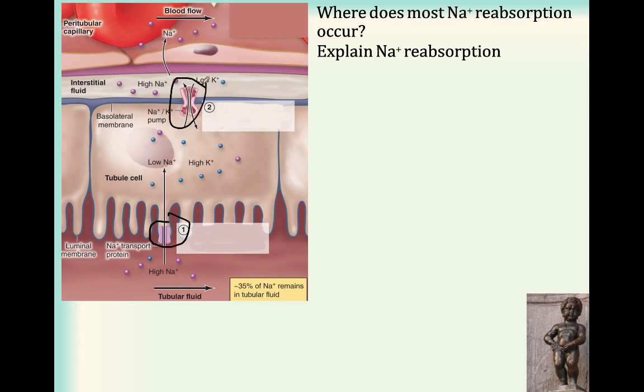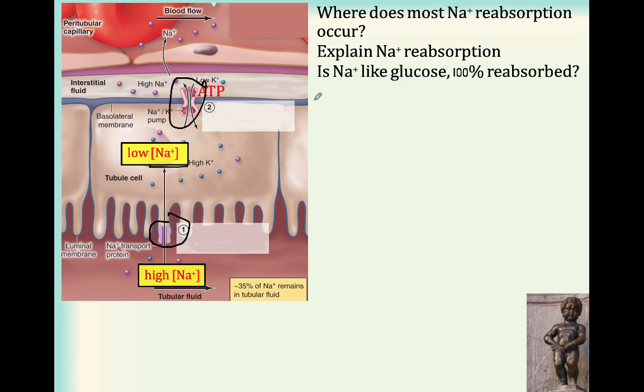And then we have the sodium-potassium pumps. So again, out here we have a really high sodium concentration. In here we have low sodium concentration. So sodium diffuses in, going down its concentration gradient. And then again, the pumps are indeed active, and so they require ATP in order to move the sodium out.